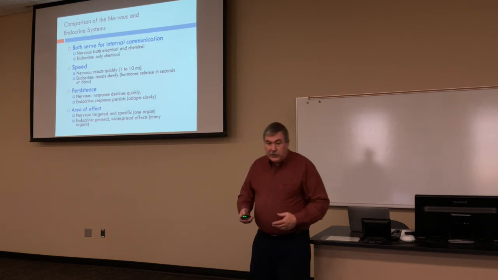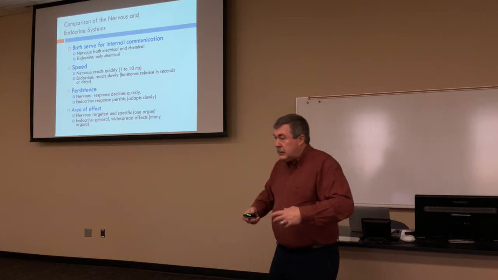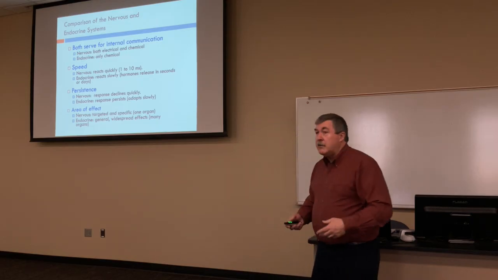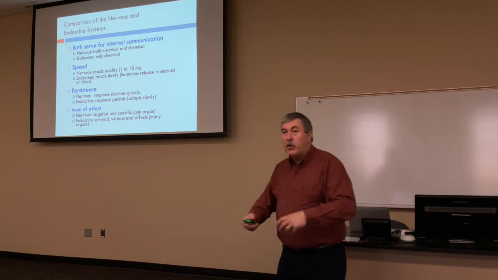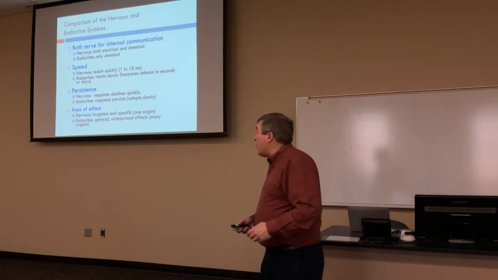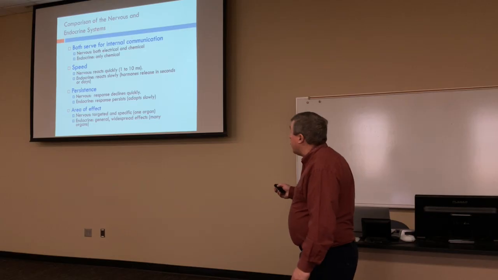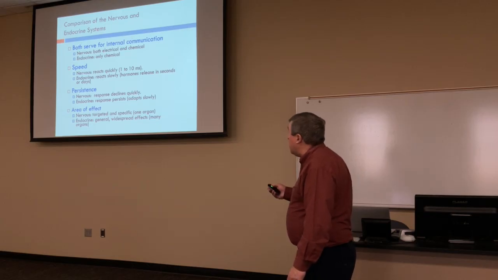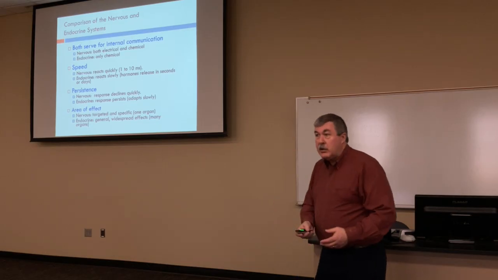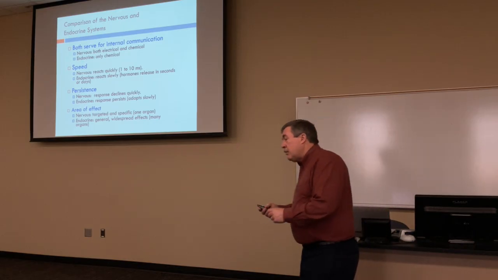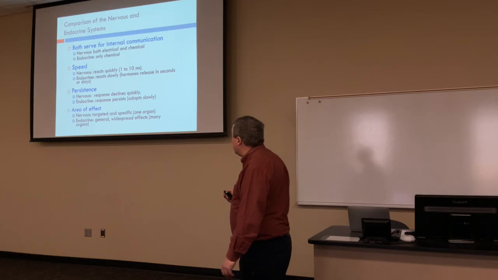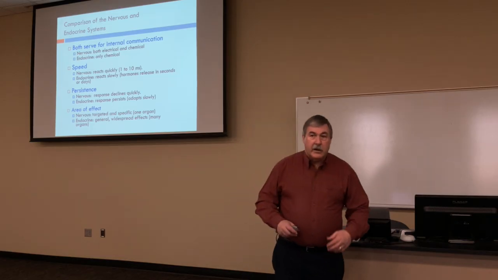All right, so let's just compare the effects of the endocrine system with the nervous system, because they both control other parts of the body. Both serve for internal communication. The nervous system uses both electrical as well as chemical communication. The chemical portion is the neurotransmitters. The endocrine system only uses chemicals for its communication.